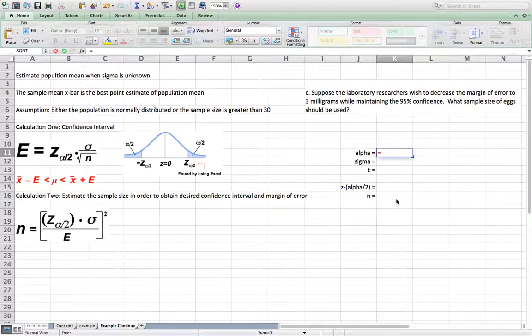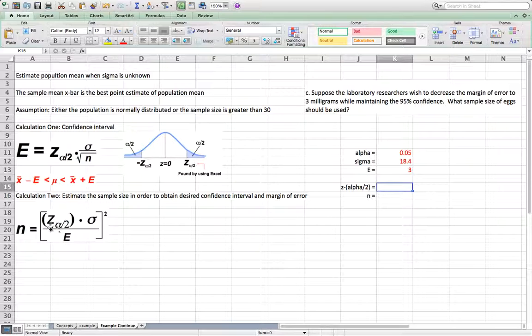Alpha equals 1 minus 0.95, which is 0.05. Then sigma is 18.4, which we know from the problem. Then the margin of error, we should reduce to 3. Now we need to use this formula.